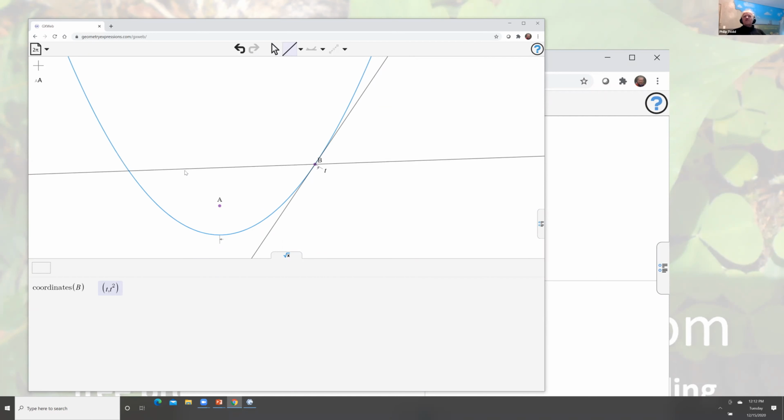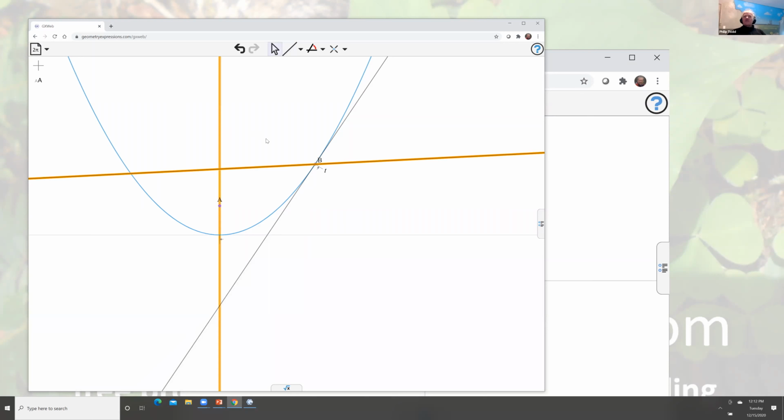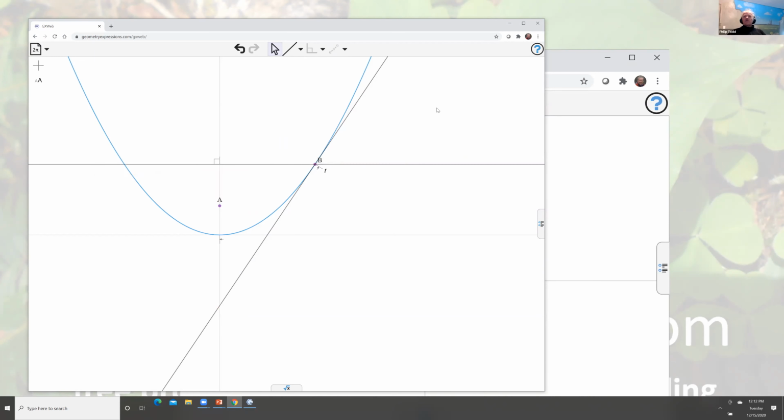Now, when I'm using my constraints, I like, when I sketch, to make it obvious to myself that I haven't added the constraint yet. So rather than drawing it horizontally, I like to draw it a bit off, so that I remind myself, yes, you need to make that square. So let's do that. Make it square to the axis. And then what we're going to do is reflect that line in the tangent.